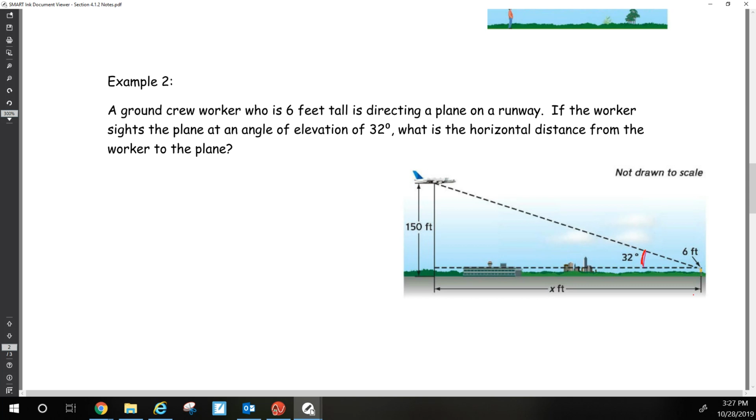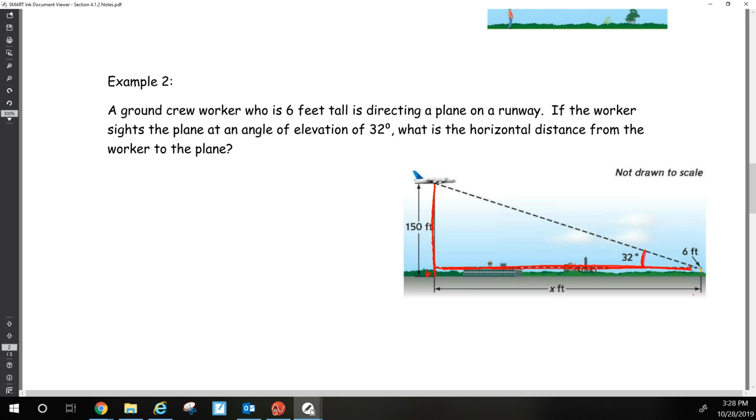This angle here is 32 degrees because that's the angle of elevation when he looks up at the plane. Now we know this plane is 150 feet off the ground, and we're trying to find this x value here. Problem is, this guy is 6 feet tall, so his normal line of sight is 6 feet off the ground.